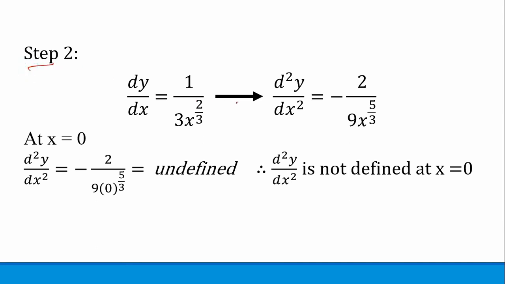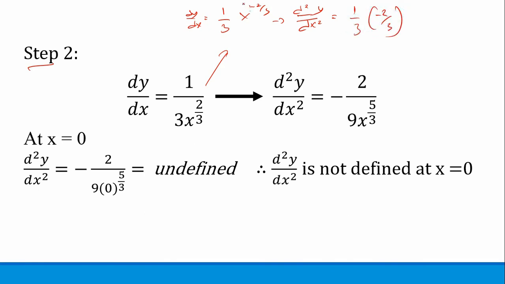And then I do the second step. The second step is the second derivative. dy per dx, I change back to 1 over 3 x to the power of negative 2 over 3, and then the second derivative: 1 over 3 times negative 2 over 3.